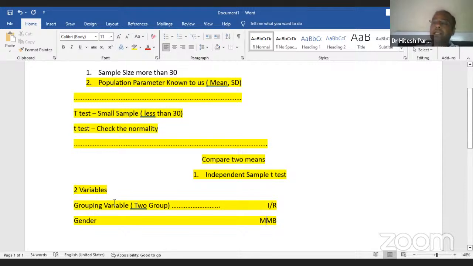Why is it called independent sample t-test? Because the groups that you are comparing are independent of each other. That is the reason it is called independent sample t-test. So try to identify from your domain where you can apply independent sample t-test. Just provide one or two examples in our chat box.